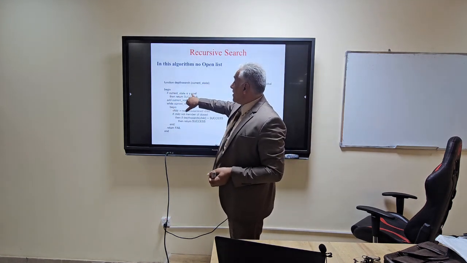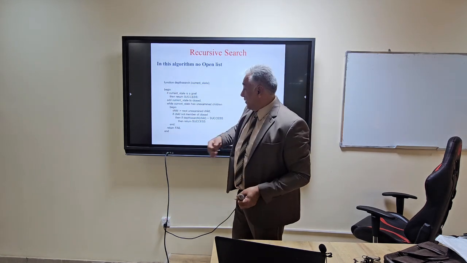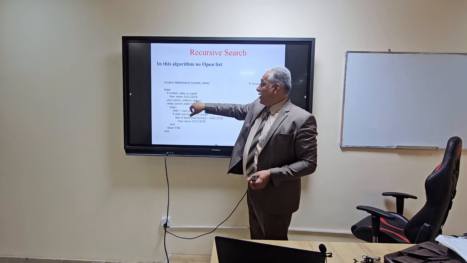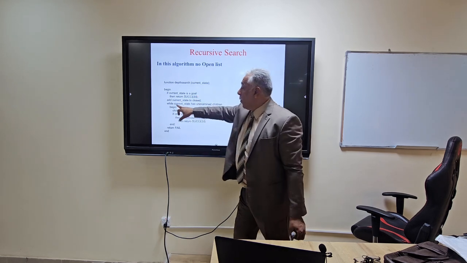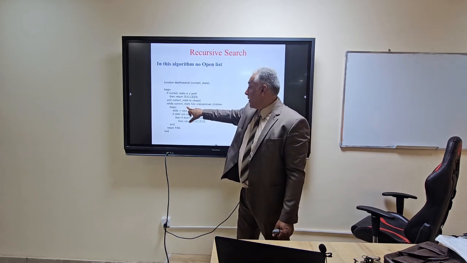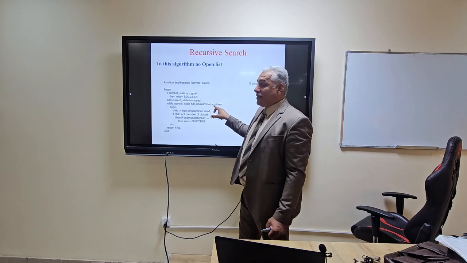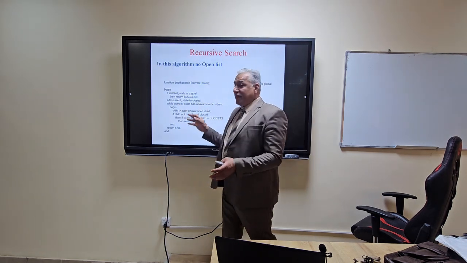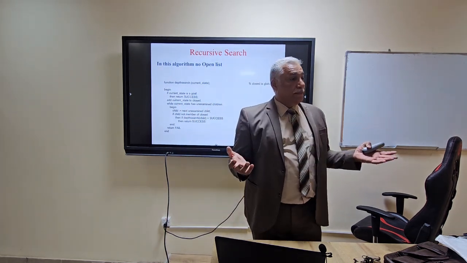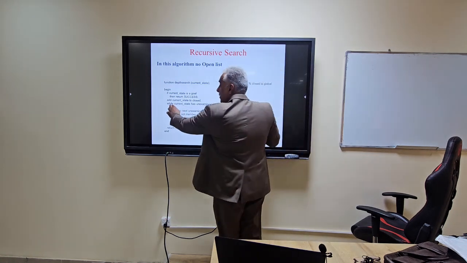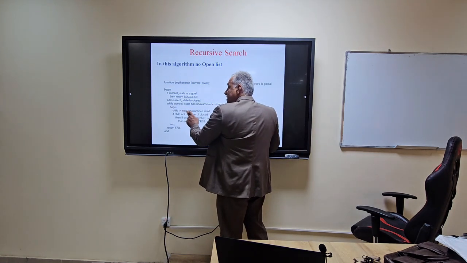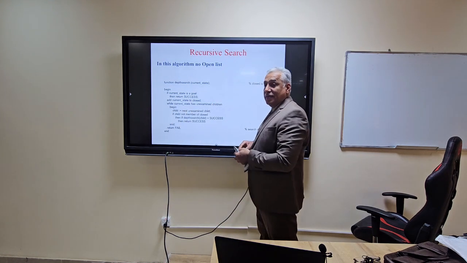Begin: if current state is the goal, finish with success. Add current state to closed. While current state has an unexamined child, that means current state is not empty, begin: child equals next unexamined child.